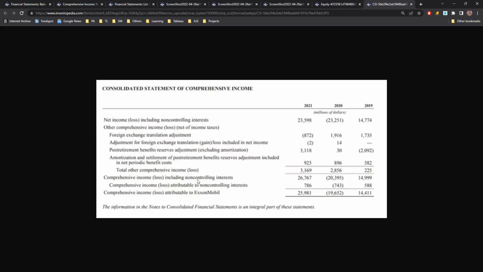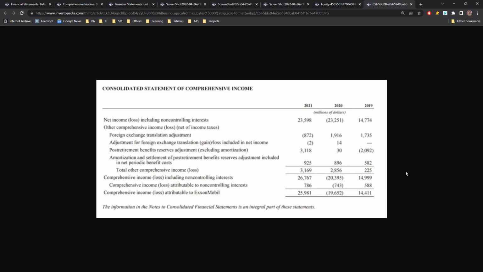We'll see what non-controlling interests are when we go to the equity statement, but for the time being, this is basically all the gains or losses which are not covered in the income statement, but now in the comprehensive income they are added to the net income, and then we can see the comprehensive income actual net has increased by over $2.4 billion.